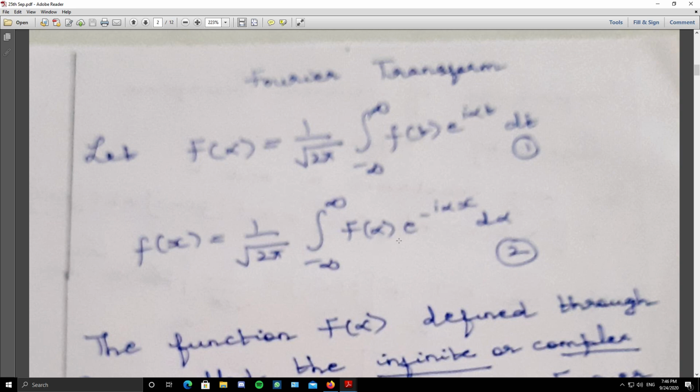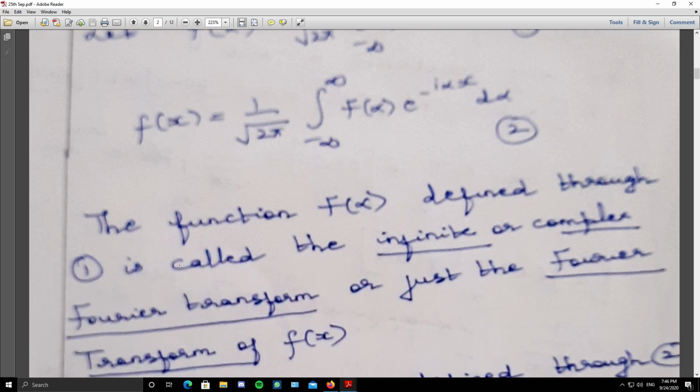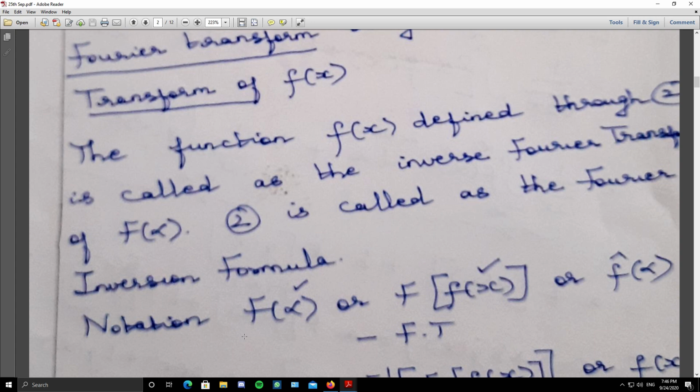And here, alpha is a variable and x is a constant, so this definite integral is a function of x. Here t is the variable, alpha is a constant, so F of alpha. Here alpha is a variable, x is a constant, so f of x. So the Fourier transform is denoted by F of alpha, f of x, or f cap of alpha.